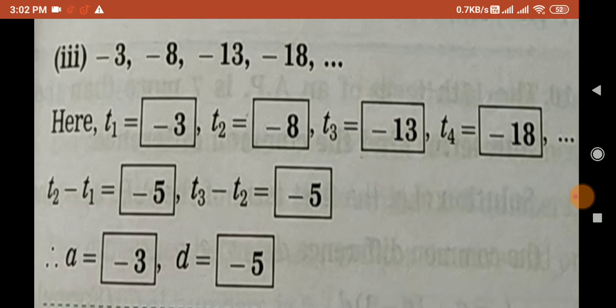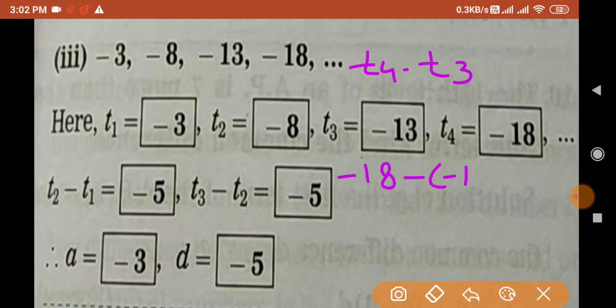If we take the difference between the next two consecutive terms, that means T4 minus T3. Now see here, minus 18 minus, in bracket, minus 13. Minus 18, minus minus becomes plus 13. Again minus plus, that means the answer bears the sign minus, and subtraction of 18 and 13 is 5.